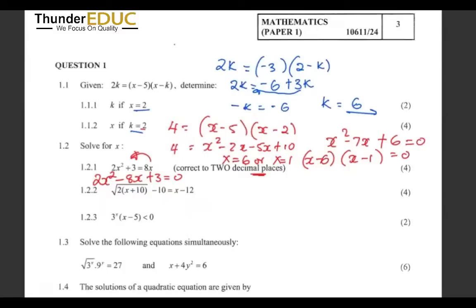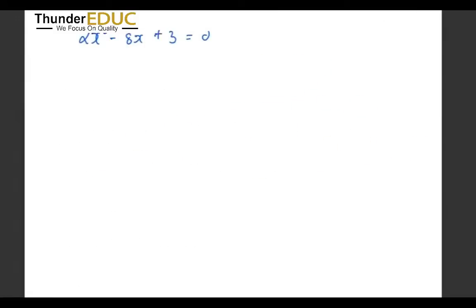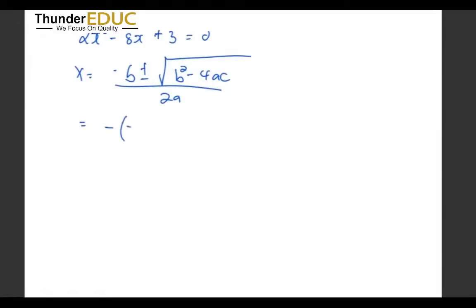So remember we said whenever we have a condition of 2 decimals, we automatically have to use the quadratic formula, which is negative b plus minus square root of b squared minus 4ac divided by 2a. When we do the substitution, that's going to be negative negative 8 plus minus the square root of negative 8 squared minus 4.